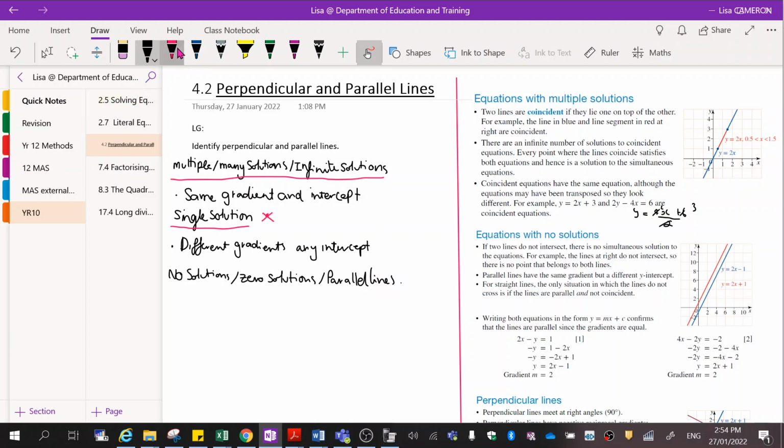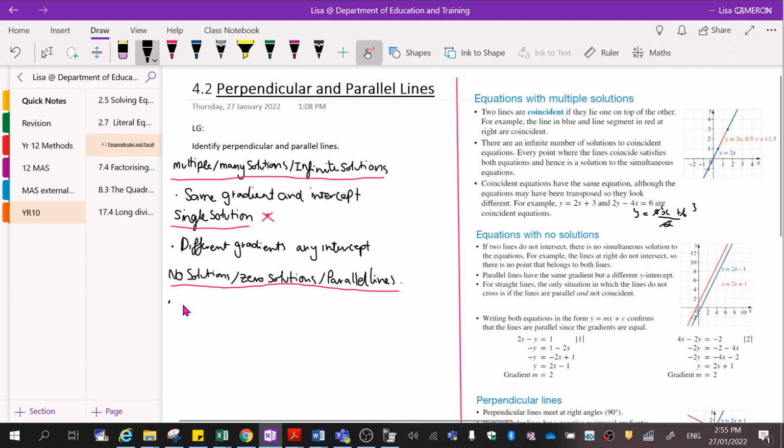Now, if you have trouble remembering which one's parallel and which one is perpendicular, the easiest way to remember it is that parallel has two lines running parallel in the word. You don't get that with perpendicular. So if we're talking about parallel lines, then they have to be the same gradient but different intercepts. Over here, if you look at this expression, you can see that this one has the same gradient as that one, but the intercept values are different, meaning that they're always going to be separated.